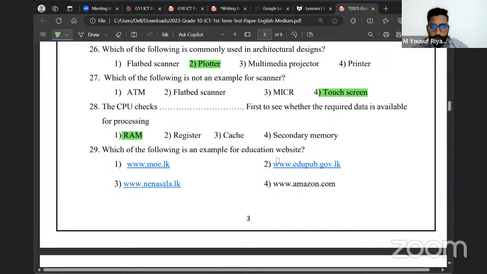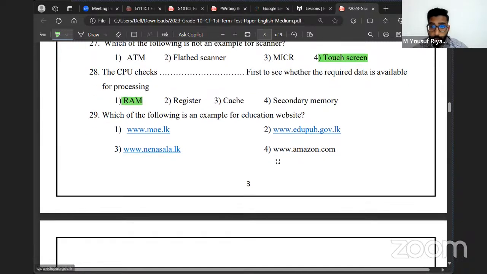Next, it's cache. No, it's not cache. Cache stores the frequently used data. Technically speaking, cache memory stores the frequently used data, and also the data that is being used for processing. For processing, it actually takes the data from the RAM.